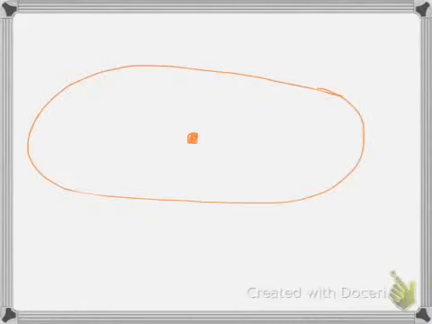So if it's this way, we know it's horizontal. I apologize for what it looks like, I'm not an artist. Then you have your endpoints on that axis. So this is the major axis.